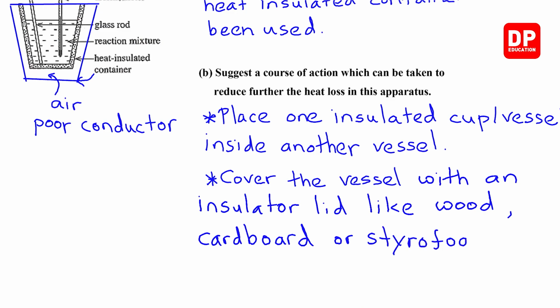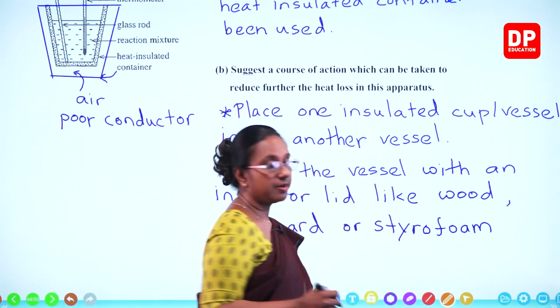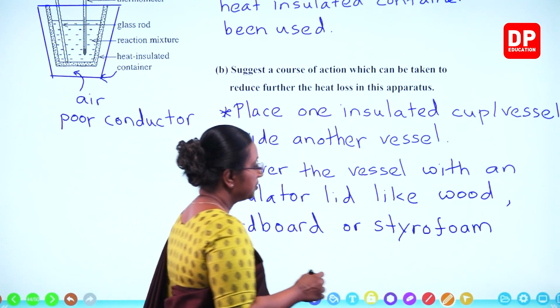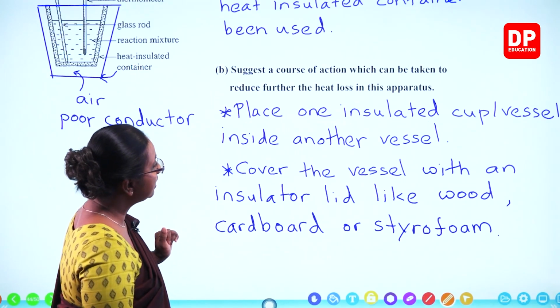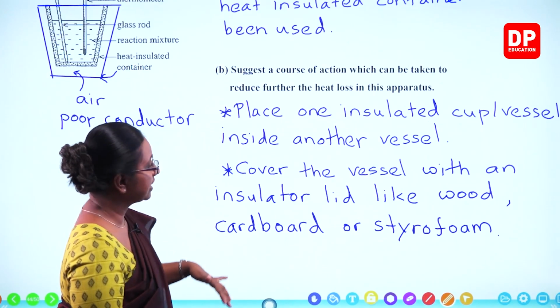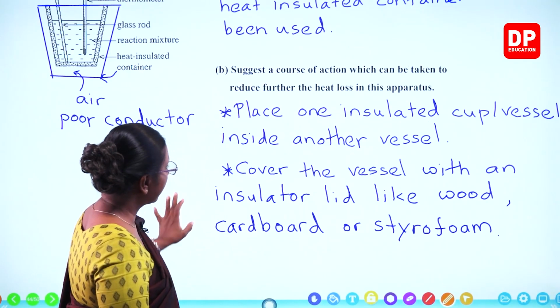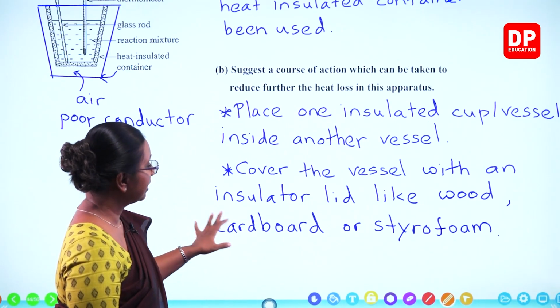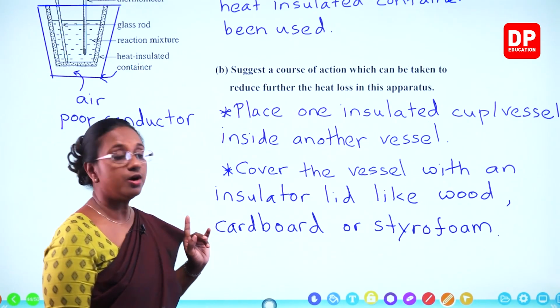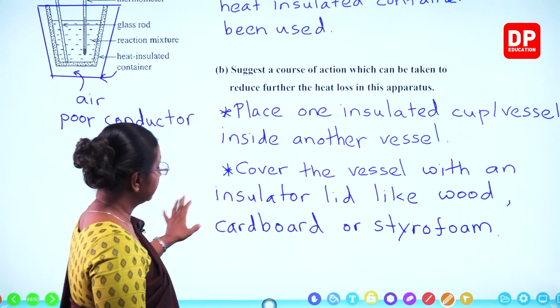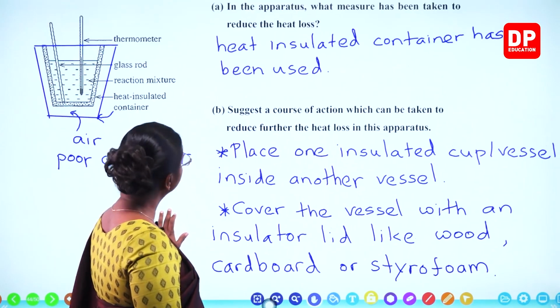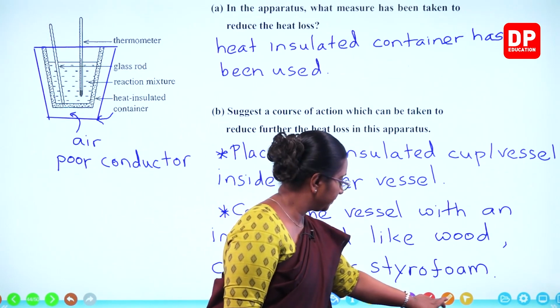Styrofoam also can be written as regiform. So one of these can be used. You can either write place one insulated vessel or cup inside another vessel, or else you can write cover the vessel with an insulator lid like wood, cardboard or styrofoam. Is that clear, student? So that is the answer for these two parts of the question.